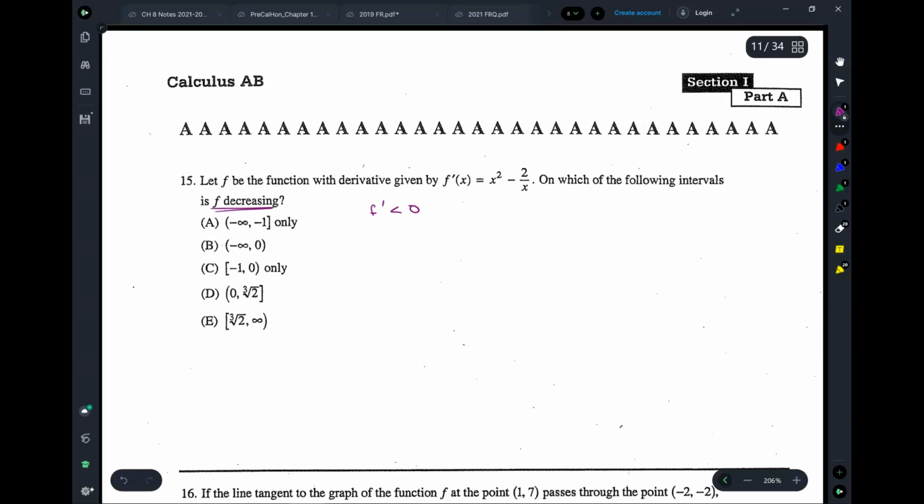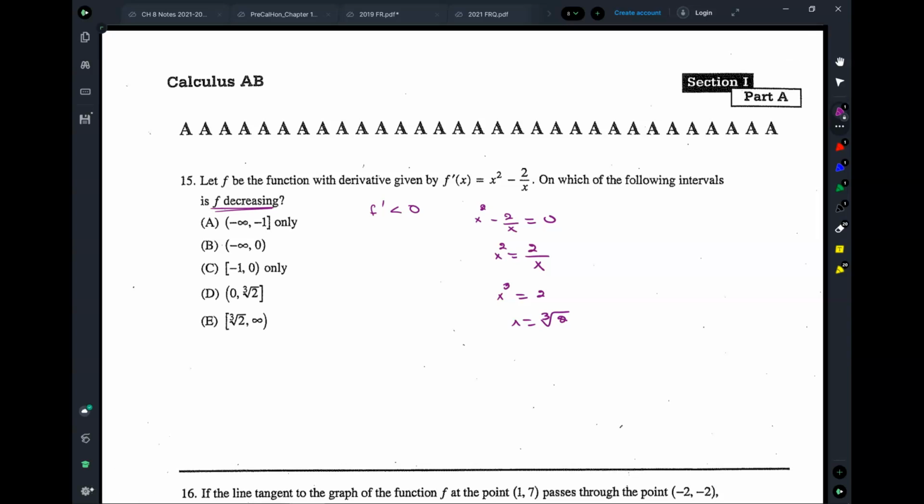And look, you're given f prime here. The only thing is, x squared minus 2 over x is equal to 0. So x squared is equal to 2 over x. x cubed is equal to 2.